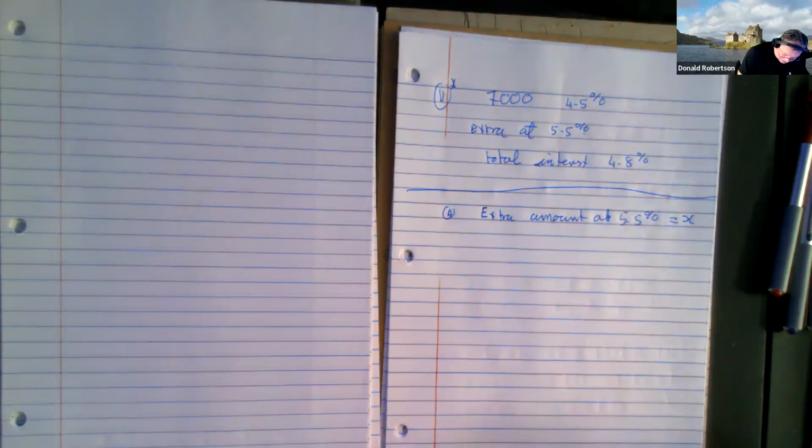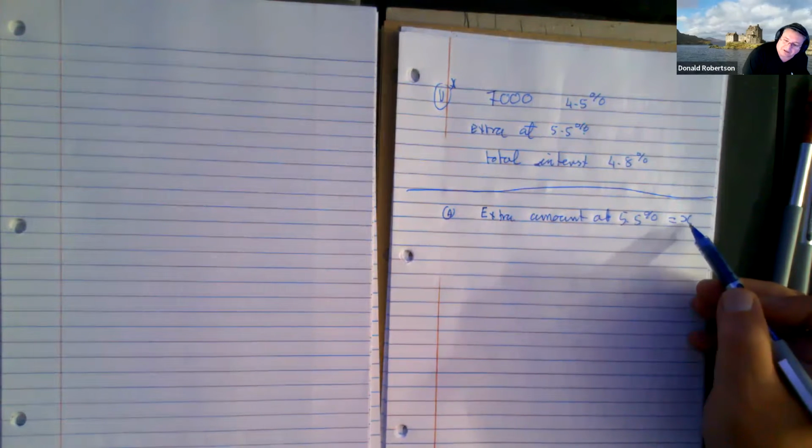So I'm talking about this one here at 5.5%, and I don't know what that is, so I'm going to call it X. So I need to just find out how much money is at 5.5%, and we've solved the puzzle. Let's see what information they do give us.